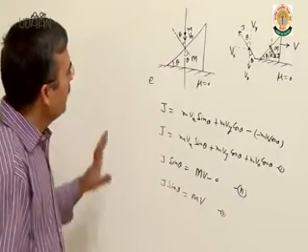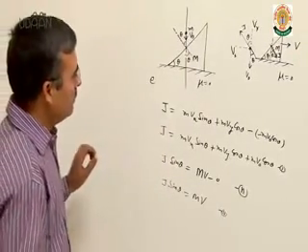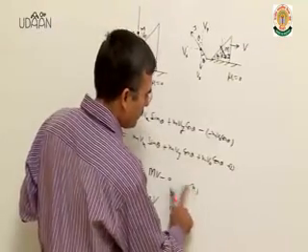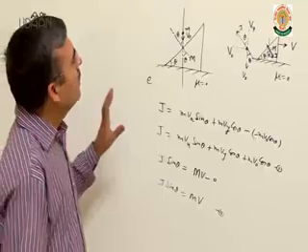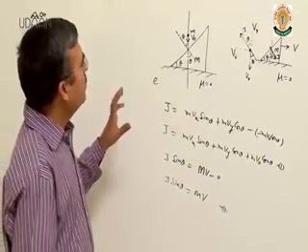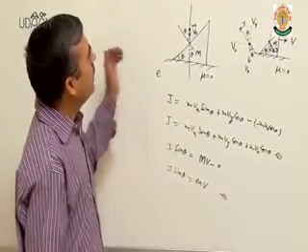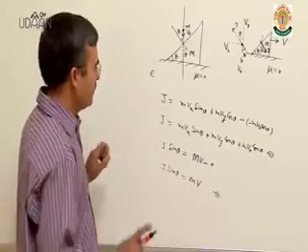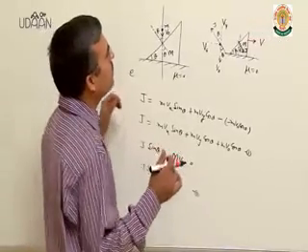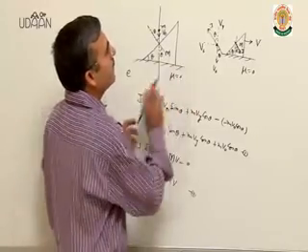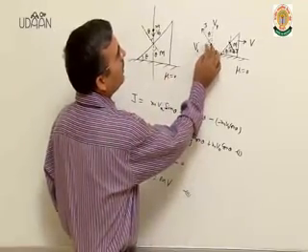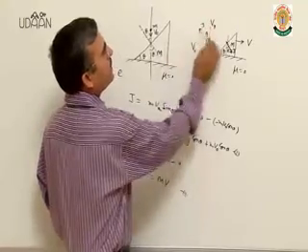Clear? So these two equations are with the help of impulse momentum theorem. Now let us apply Newton's experimental law along the normal. So the ball is going with vx speed and vy speed this side.